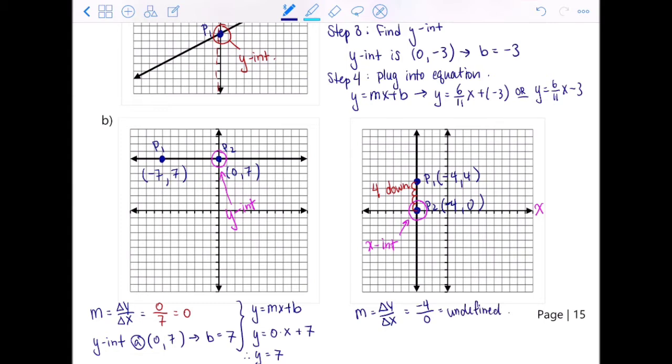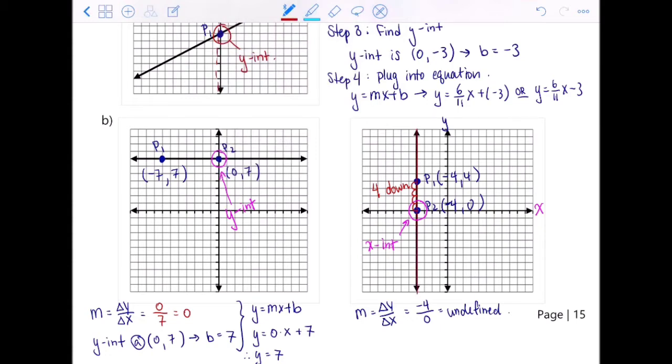So let's take a look at the y-intercept as well. Is there any point that crosses the y-axis here? This is the y-axis. Unfortunately, we have our line this way, and this will never ever touch the y-axis.